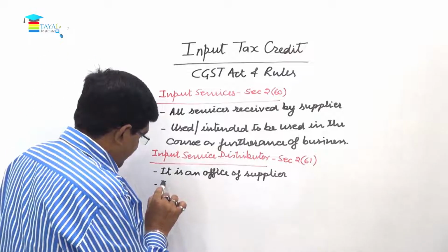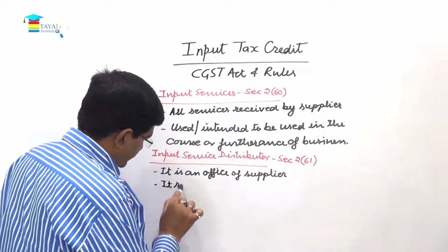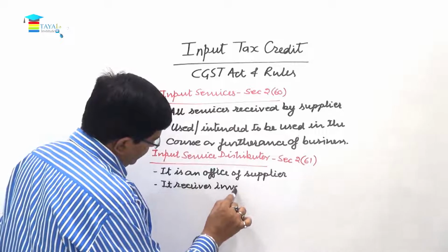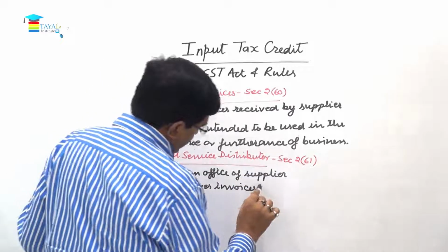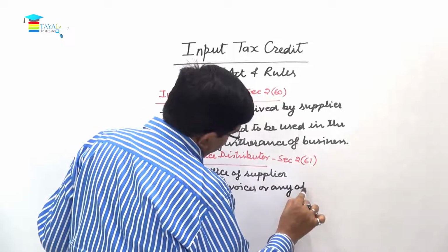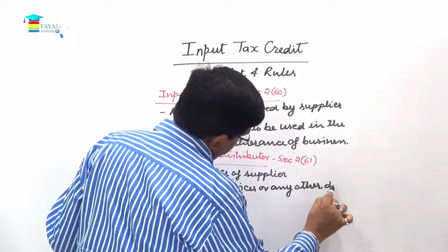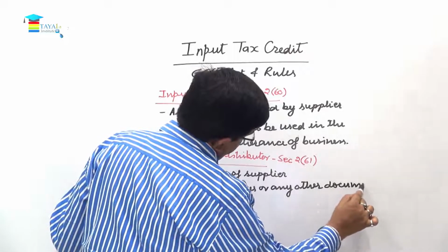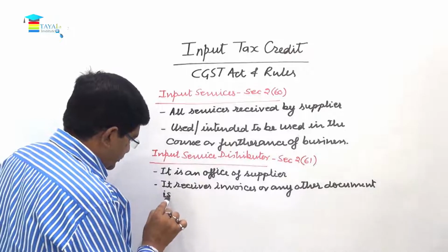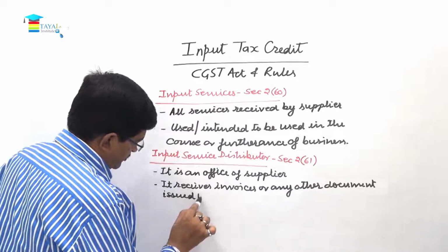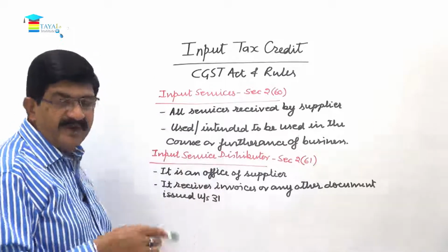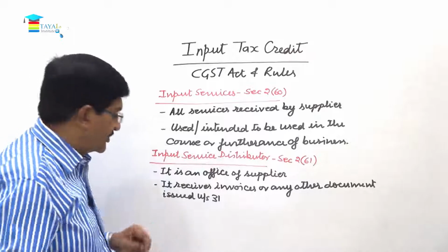It receives invoices or any other document issued under section 31, or maybe a debit note. Debit note is not under section 31.